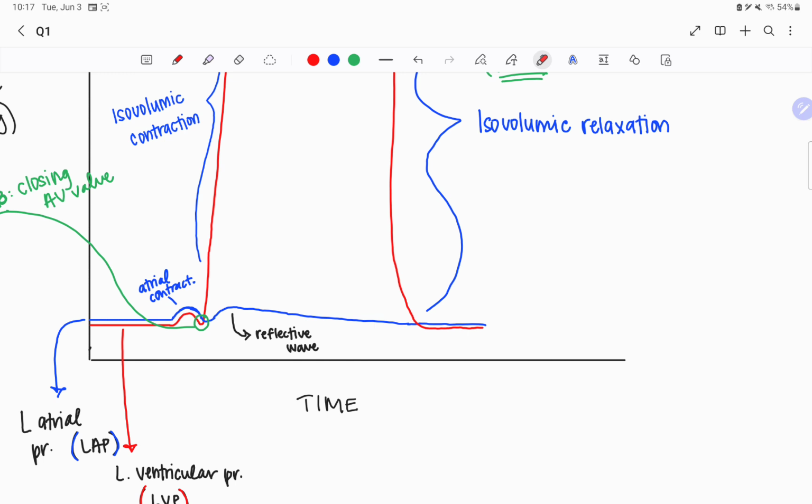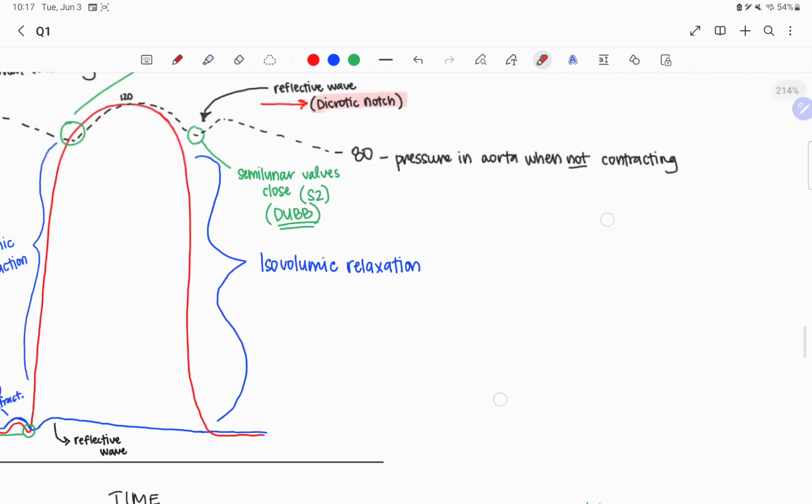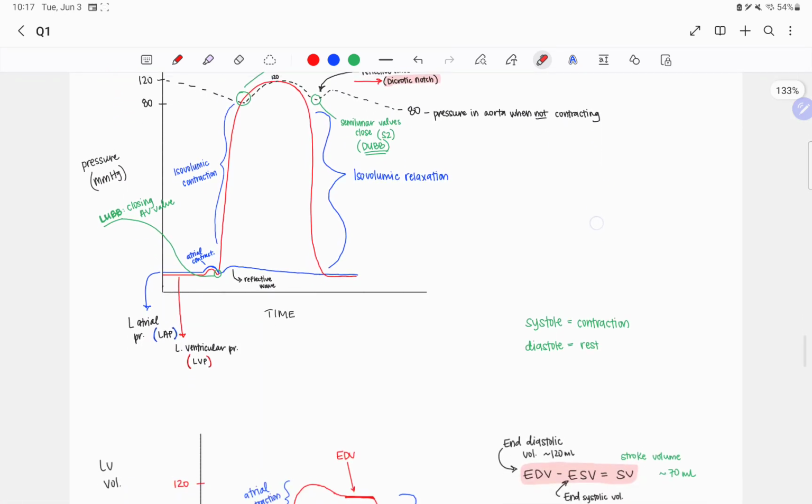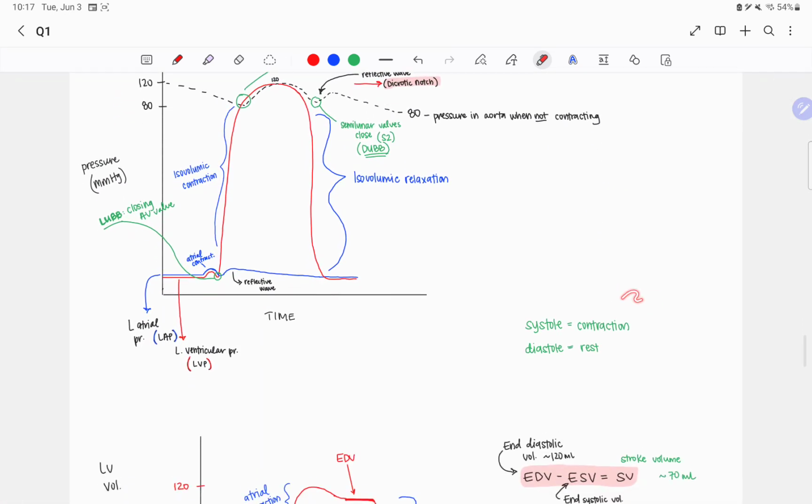So if we're just starting, let's say that the atrium is full, ventricle has just contracted, which contraction is called systole. Yeah. Systole is contraction, diastole is rest. Okay, so from where I'm starting, the ventricle is in diastole, and the atrium is just about to hit systole.